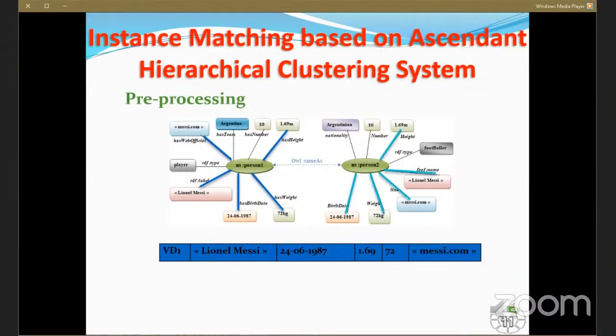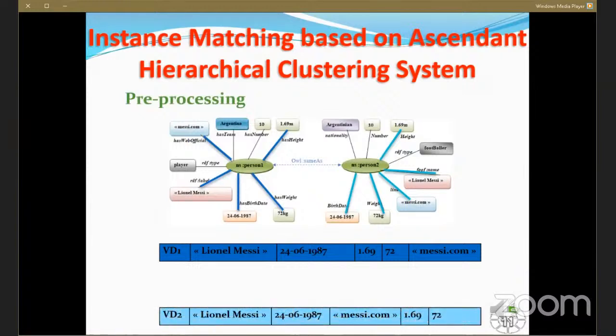The same thing for the second instance. So after specifying its discriminative properties, it will be represented by the following virtual document. And the similarity between both instances will be simply computed as the distance between their virtual documents.